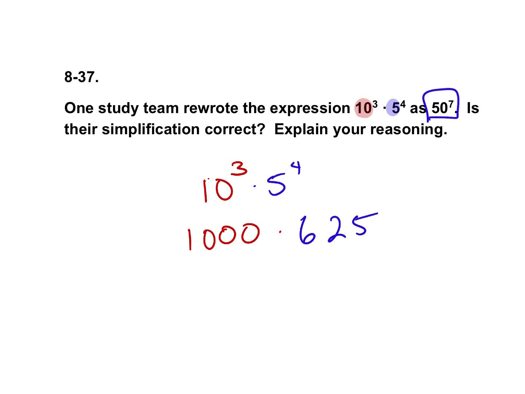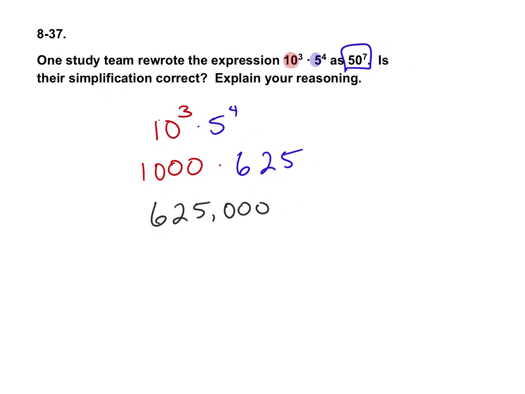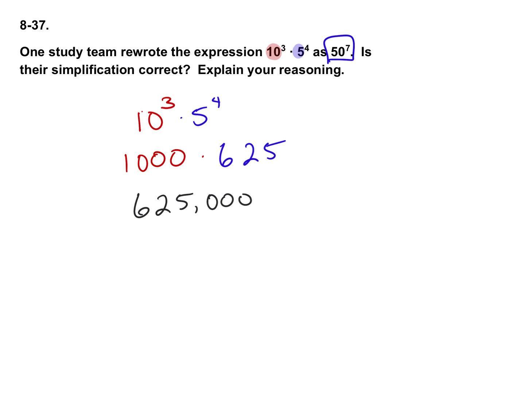This here would actually turn out to be 625,000, and 50 raised to the 7th power is a humongous number. It is so large that the calculator cannot write this without using scientific notation.